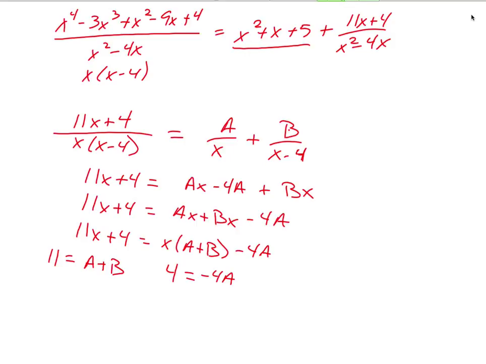So in this case, it's going to be pretty easy to find a and b. Because I know a is already equal to negative 1. And I plug that in over here, which means I need to add 1 over. That tells me that b is equal to 12.